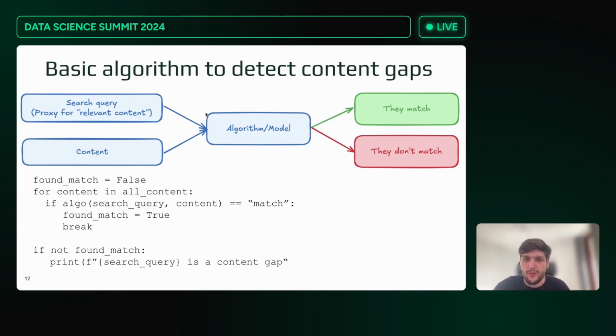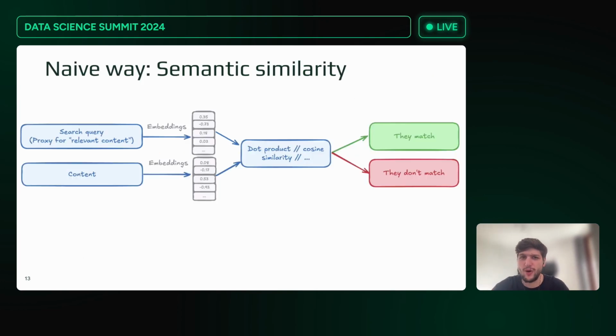So the question is, can we come up with a good algorithm or model that sits here in the middle, that takes as an input a search query and content, and as an output says either it matches or it doesn't match? The easy or naive approach would be to just use some similarity method, semantic similarity. The way this usually works is we have the search query and the content.